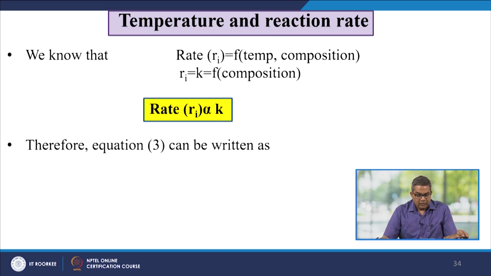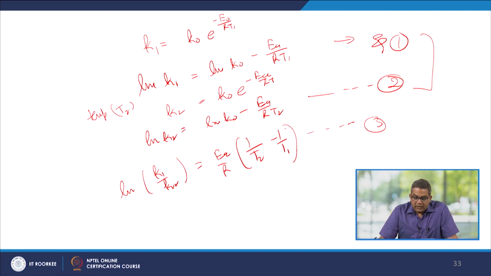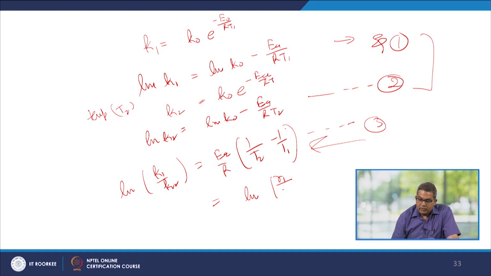Another thing is that this particular equation can be written in another form. If we take the rate into consideration, this equation can be written as ln r1 over r2.